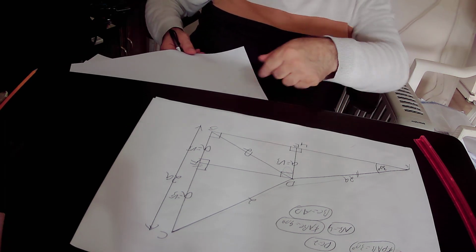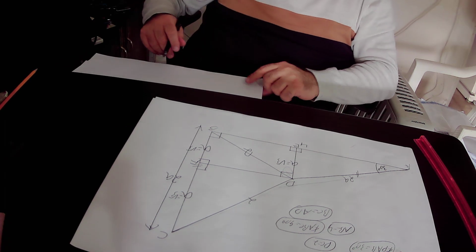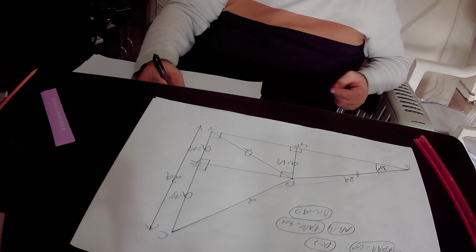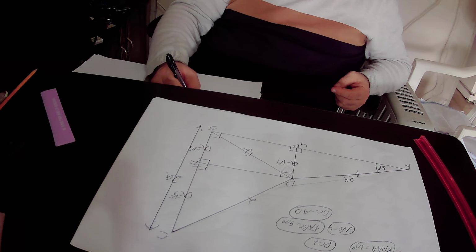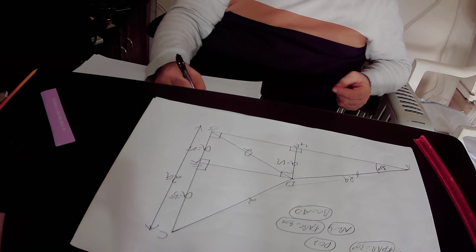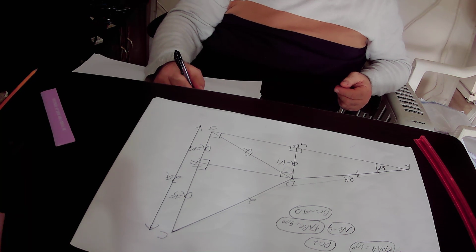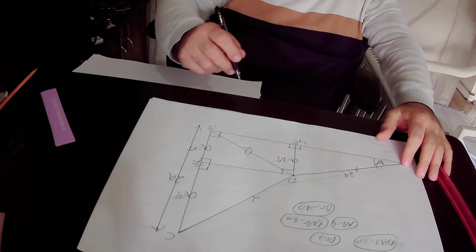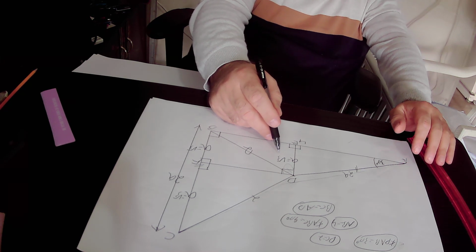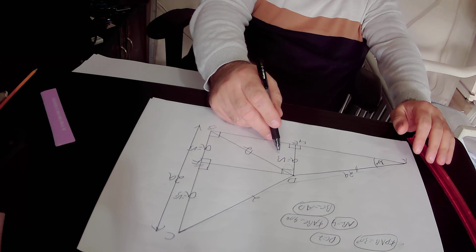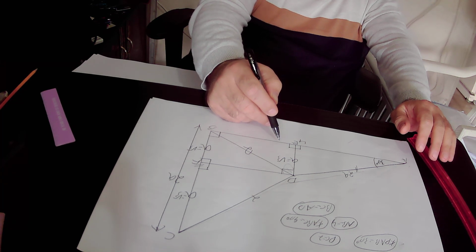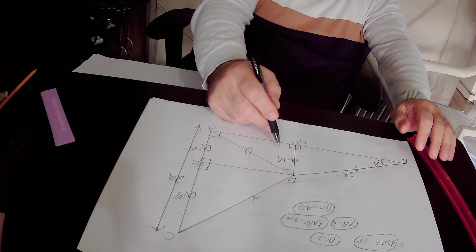DB equals 2 units. Therefore, DB squared is 2 squared, which is 4. It equals EB squared plus DE squared. DE equals a, and a equals the square root of 3. The square root of 3 squared is 3.